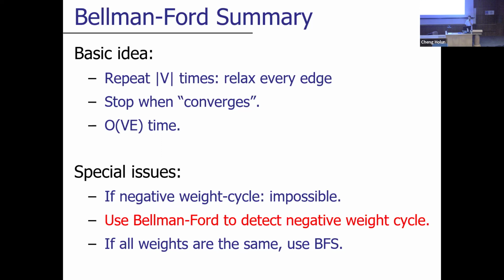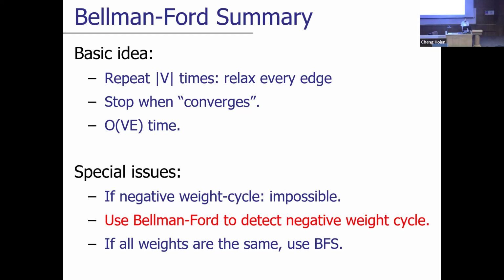But if a graph has a negative weight cycle, we reject this graph. We are not going to do it for you. It's nonsense, okay? But then how do we detect that? We can use Bellman-Ford to detect that.